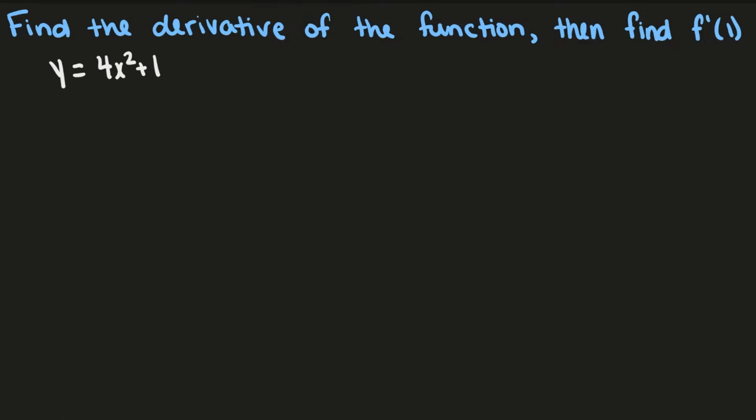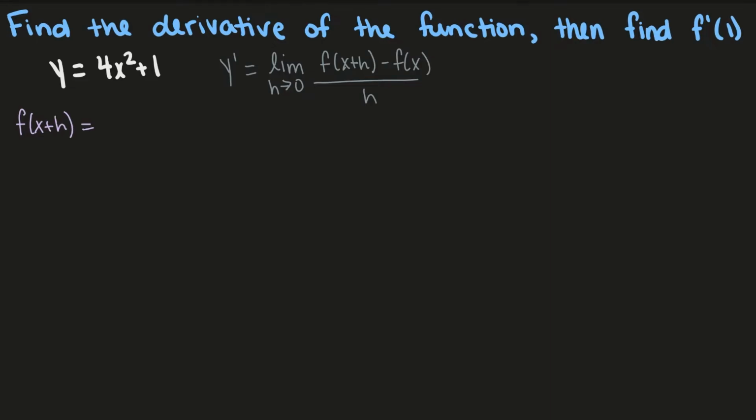So remember, our derivative definition is y prime, or dy dx, or f prime of x, is equal to the limit as h goes to 0 of f of x plus h minus f of x all over h. So we'll do just that. Let's start by finding f of x plus h.